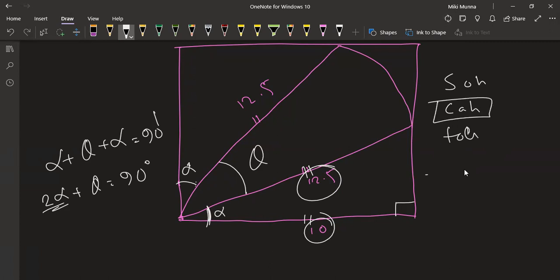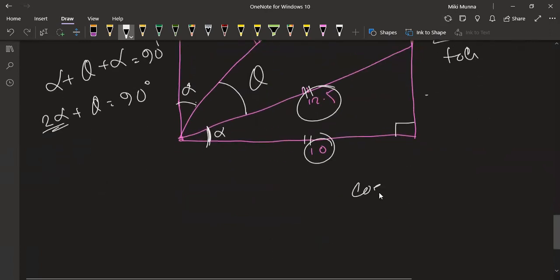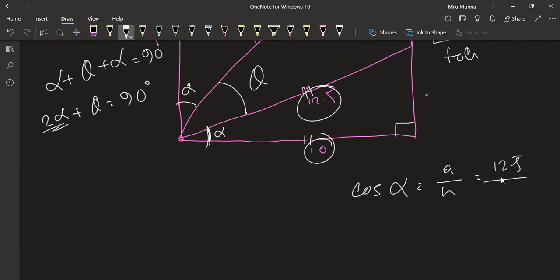Cosine. So cos of alpha equals adjacent by hypotenuse, which is 10 divided by 12.5. That means alpha equals cos inverse of 10 over 12.5. Now we get our first alpha, and this alpha is also the same.